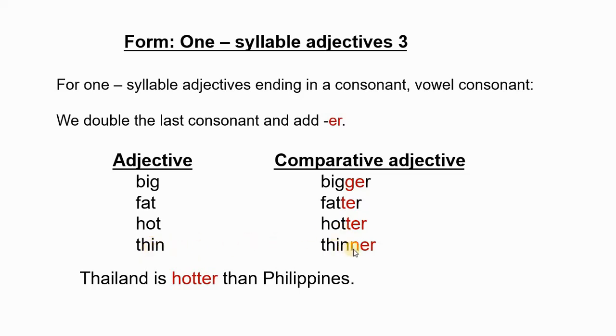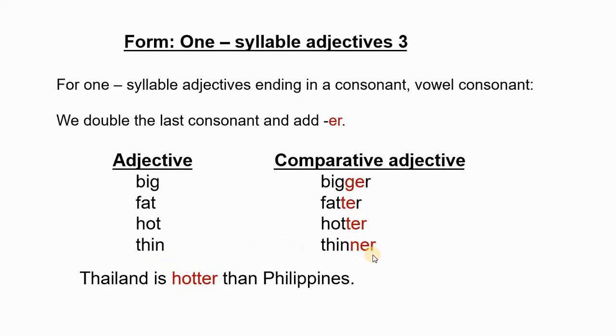We see it's the last three letters: consonant, vowel, consonant. We double the letter N in thin, and we add ER.